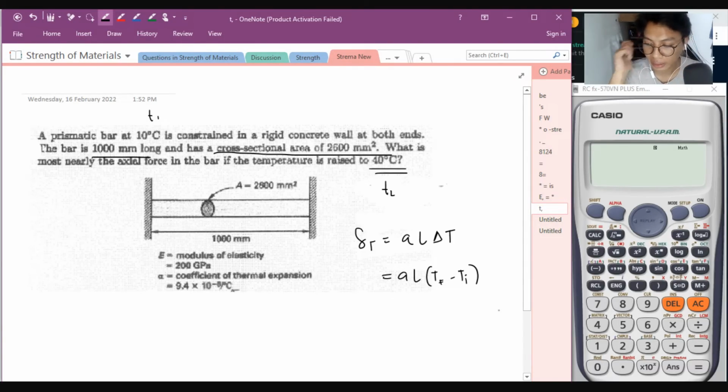Actually, that is not thermal stress, this is thermal elongation.